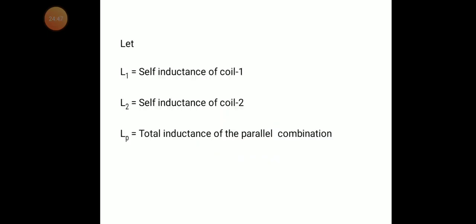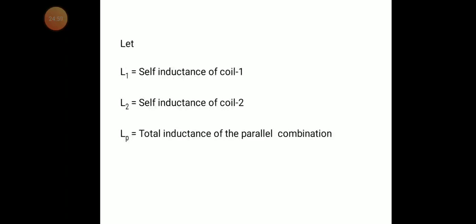Now we try to find the formula for this parallel combination. The first is the self-inductance of coil 1, the second is the self-inductance of coil 2, and next is the total inductance of the parallel combination. For the self-inductance of the first coil, E1 equals minus L1 di1 by dt.